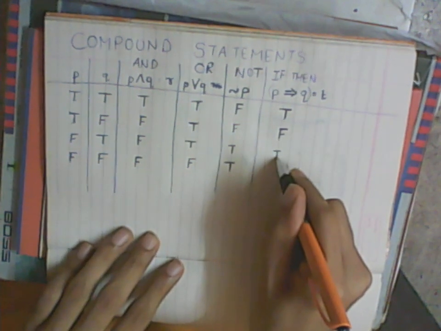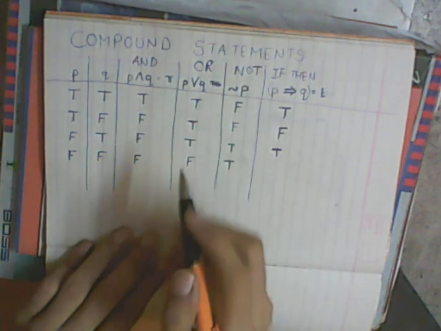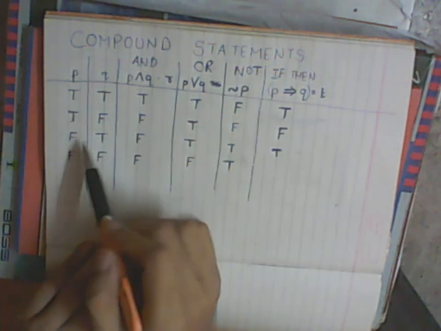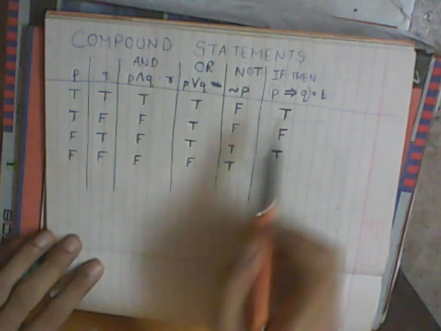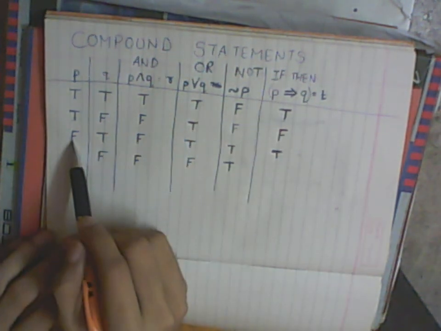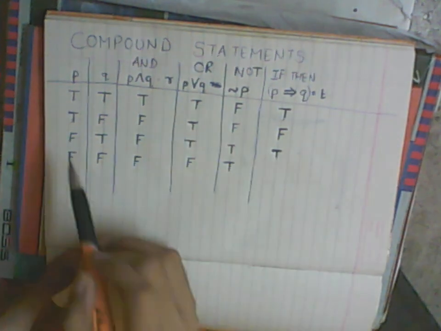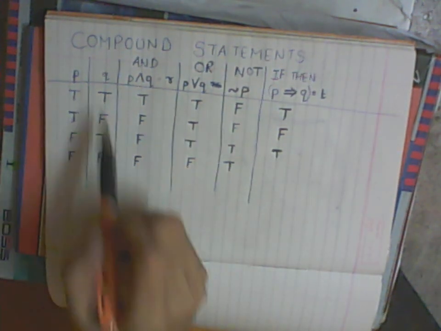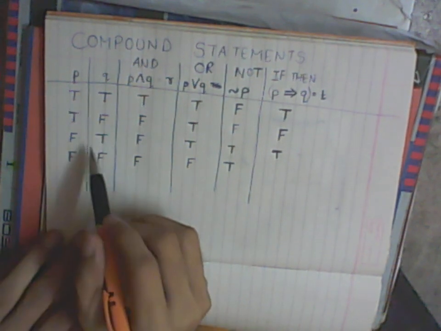This is a huge misunderstanding that a lot of people have: how can the statement evaluate to true if your premise is false? But it makes logical sense, because if you are assuming that what you are saying is false, then anything you say about the conclusion is true, right? Because you are starting with something that's wrong. So anything that you can conclude, you can say it's true, right?